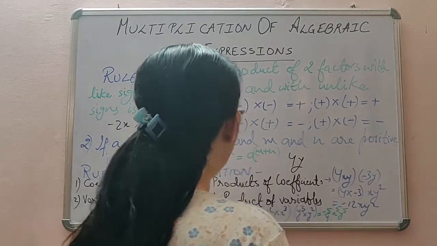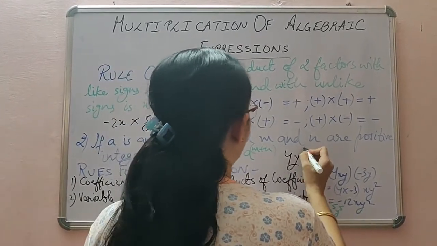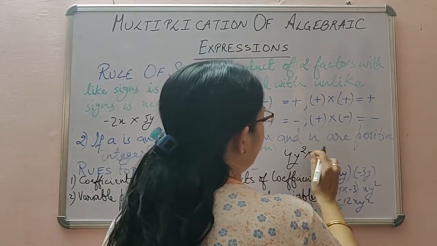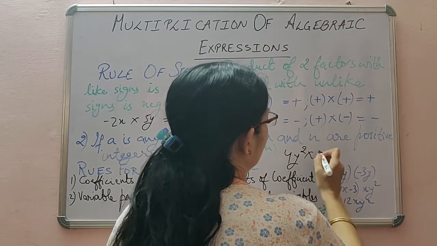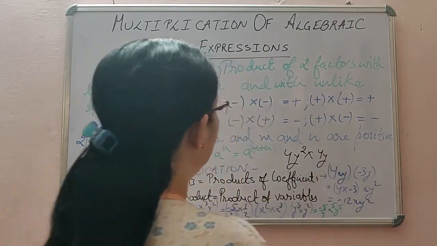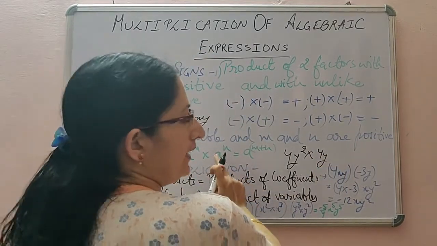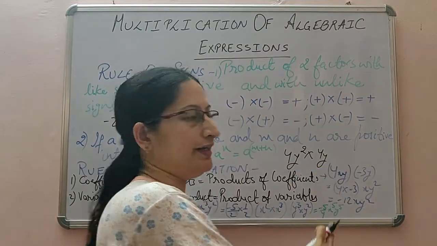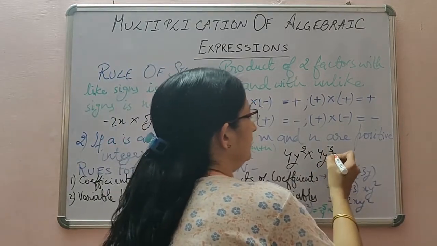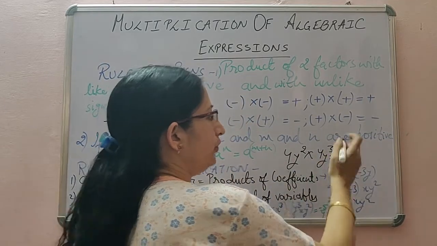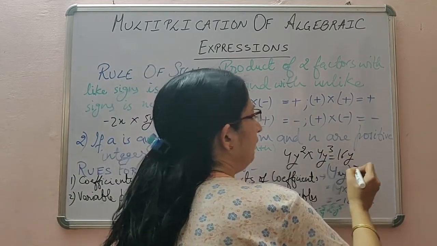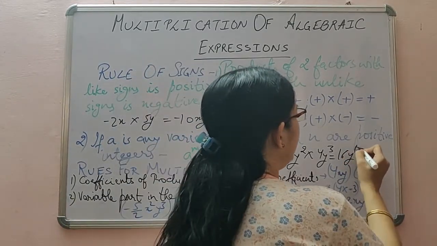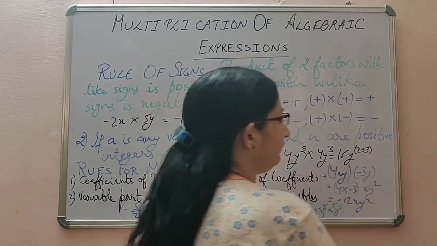I have taken 4y to the power 2, and I am multiplying it with 4y, again a, that is variable a, instead of a I am taking y here. So 4y to the power 3. So it will be 4 into 4, it will be 16, and for y, which is the variable, what I will do, y to the power 2 plus 3 it will become.